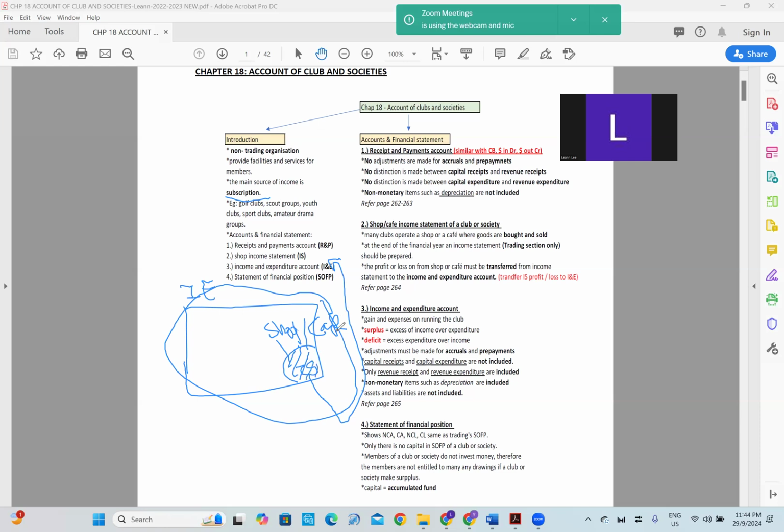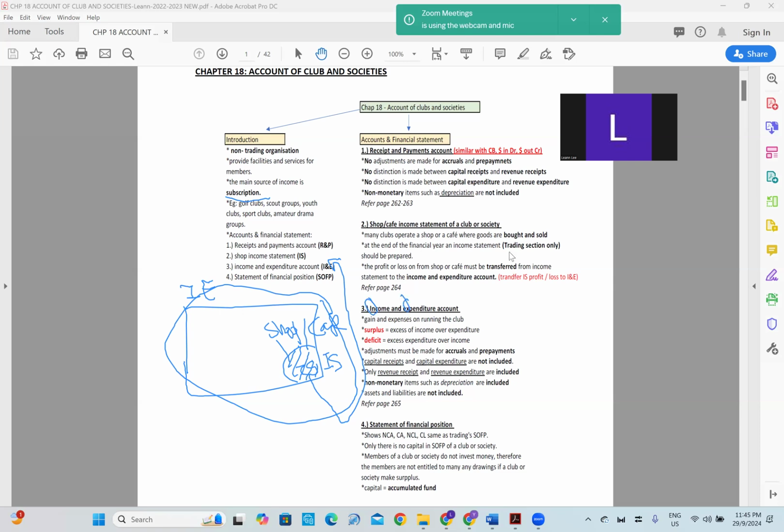What account do we prepare to find the profit for the year? We use the IS. Since we use the IS for the shop or the cafe, we cannot use it for the whole club. We cannot repeat two ISs, so they change the IS into income and expenditure.